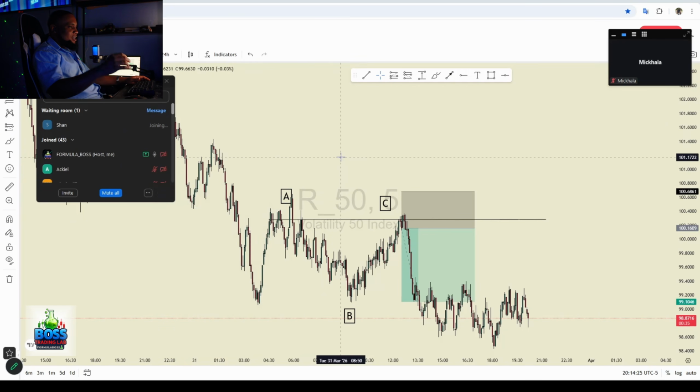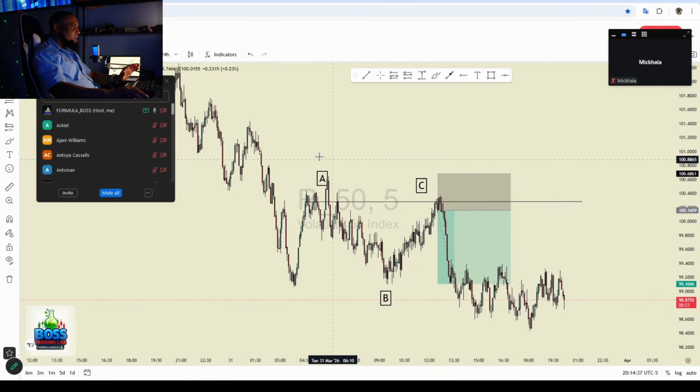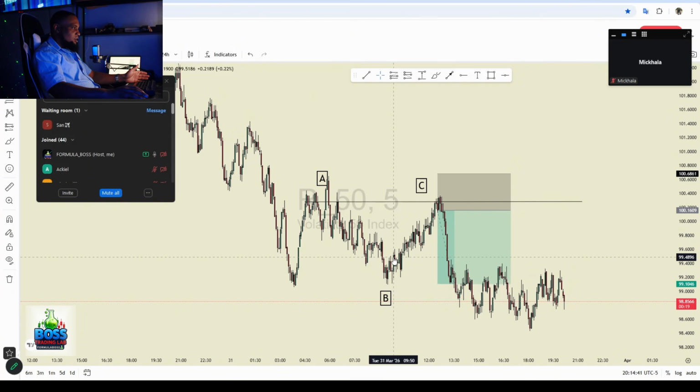So you have to know what to look for. When you know what to look for, it prevents you from taking a lot of losses that you're not supposed to take. Because you're looking for sells, everything else is noise, right?